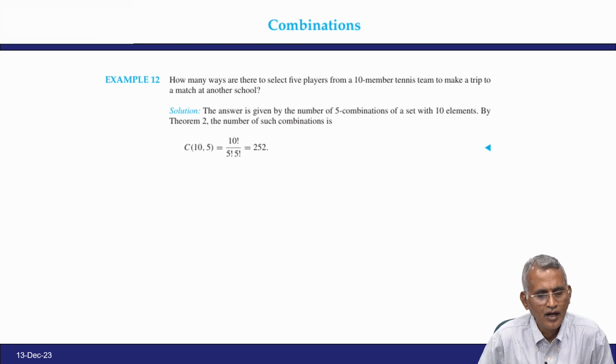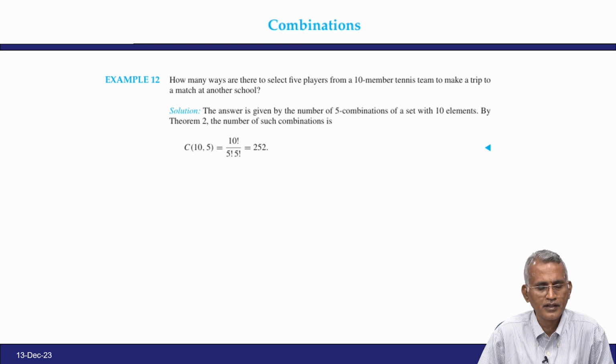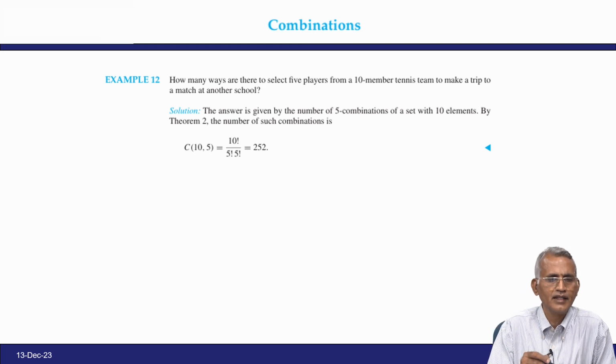Another example: how many ways are there to select 5 players from a 10-member tennis team to make a trip to match at another school? The solution is the number of 5-combinations of a set with 10 elements. By the theorem, the number of such combinations is 10C5 equal to 10 factorial by 5 factorial into 5 factorial, which is equal to 252.